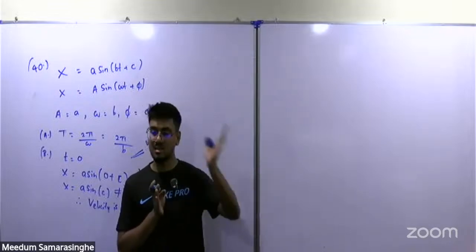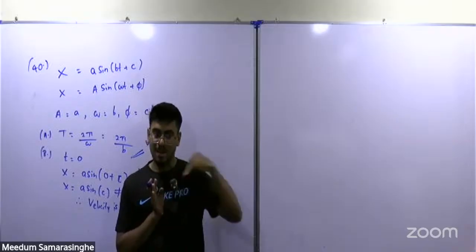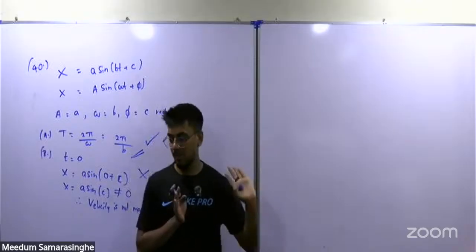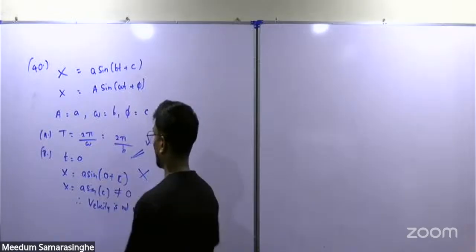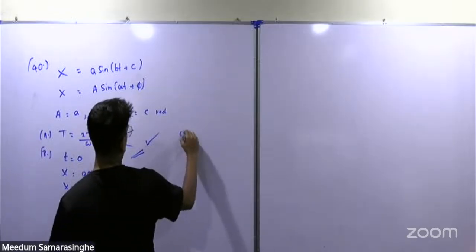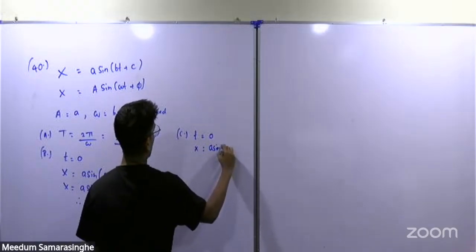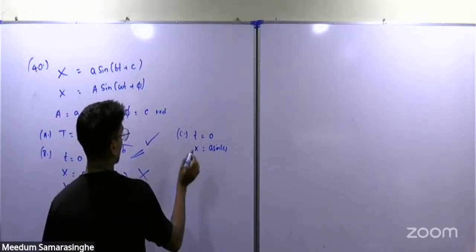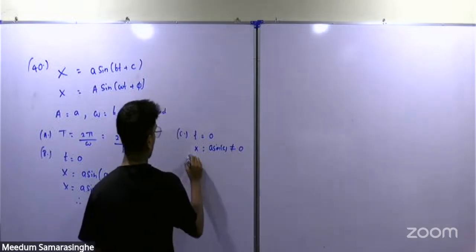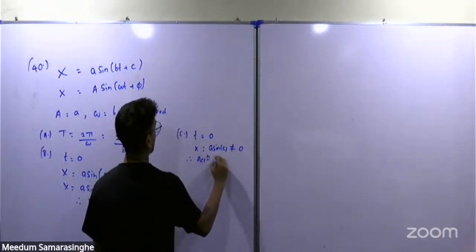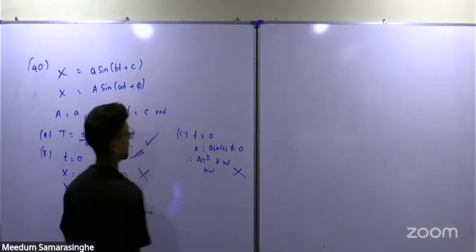But acceleration is minimum at the equilibrium and maximum at the amplitudes. Now they are saying that the acceleration is minimum when t equals 0. But when t equals 0, displacement is a sine c, which is not equal to 0, so the particle is not at the equilibrium position. Therefore, acceleration is not minimum. So statement C is also wrong.